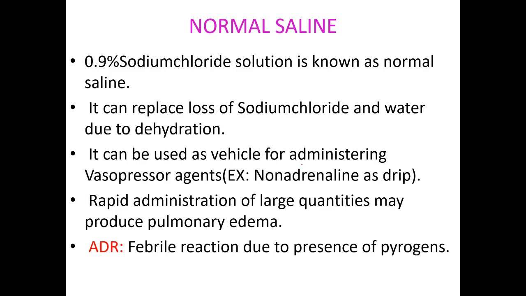Not only that, if we are taking this saline for a longer period of time, you might have observed that the hand will get swollen. And next is ADR, adverse drug reactions. They will have fever due to the presence of pyrogen in this normal saline. So febrile means fever. So rising of temperature is very common for this one.